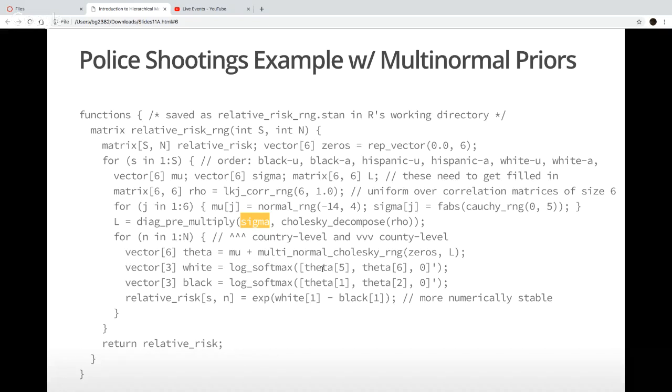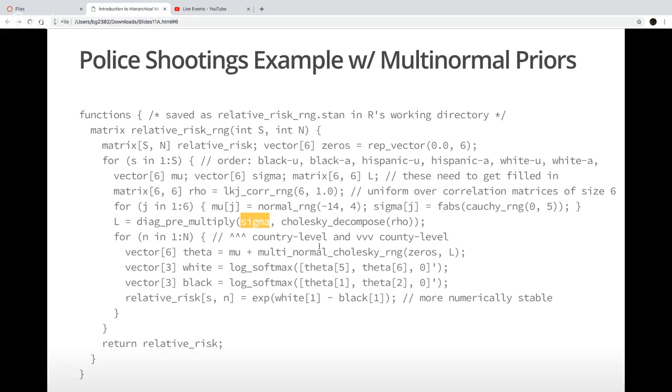We draw theta, the 6 intercepts, 1 for each type of person, from a multivariate normal distribution using the Cholesky parameterization. It's basically taking realizations from independent standard normals, multiplying them by L, and then shifting them over by mu.